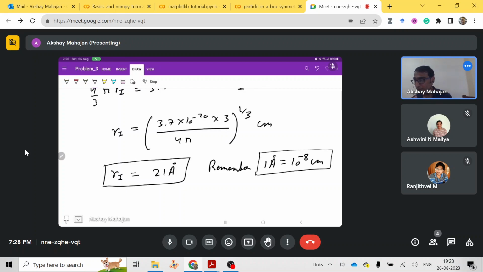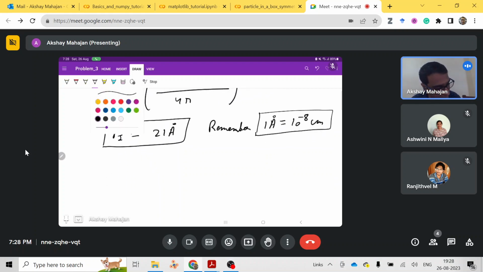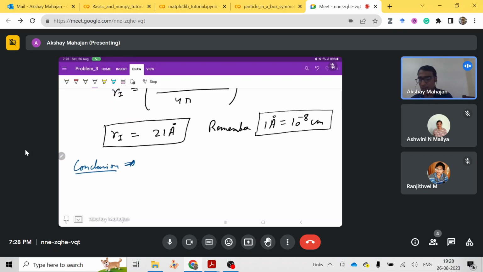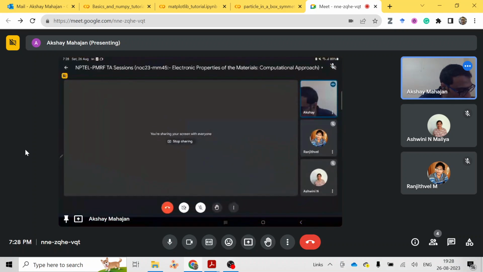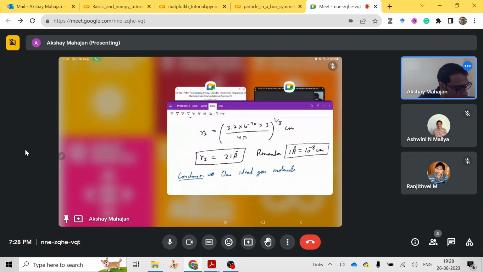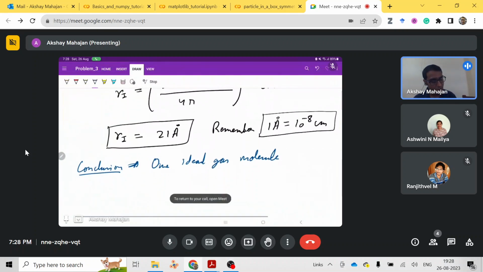Here also we can get some conclusion. From these numbers we are getting a conclusion about what happens in real systems. You can see that this r_i is 21 angstrom, while what we calculated for the electrons was around 1 angstrom.